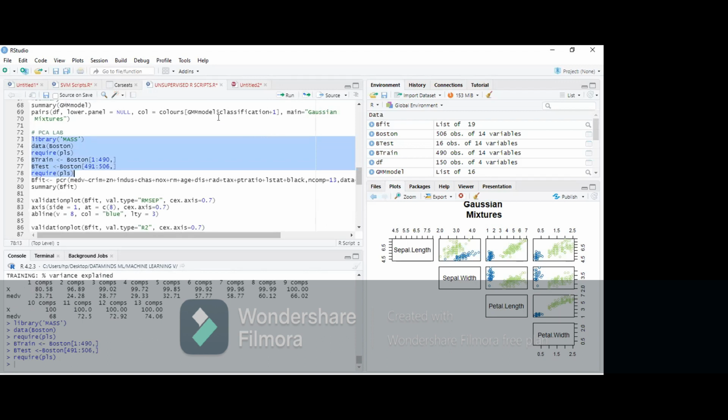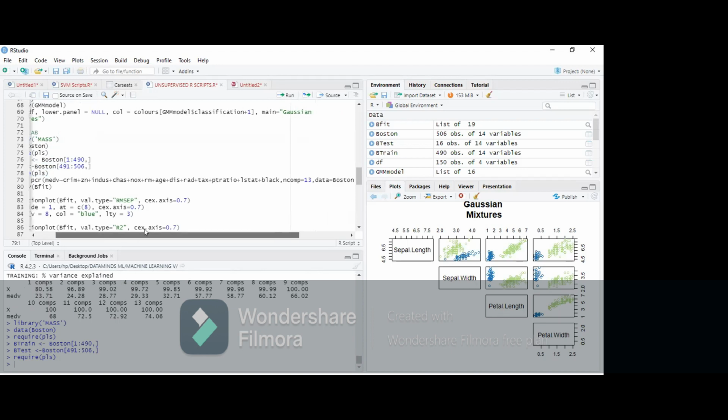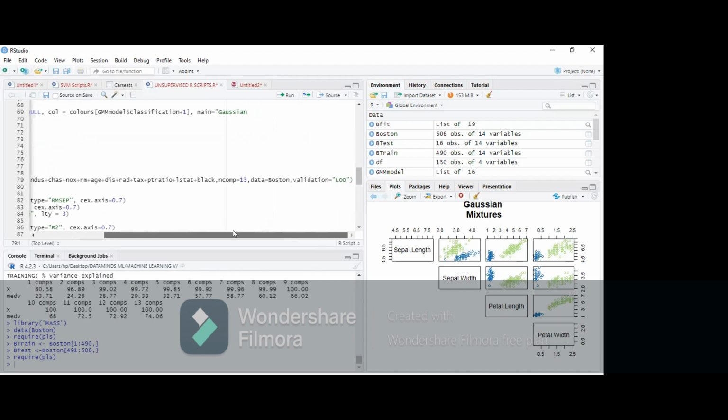It's all right. So now, line 79 is actually the model. You can see it fits PCR of MDV on the independent variables. The number of components needs to be specified.